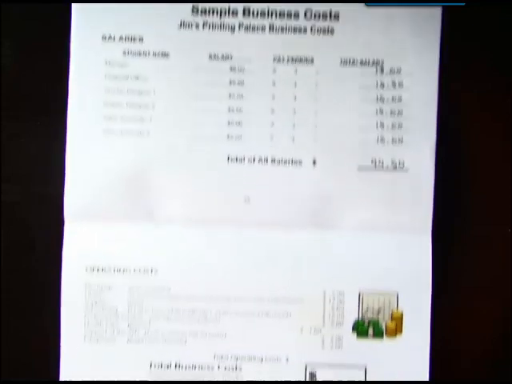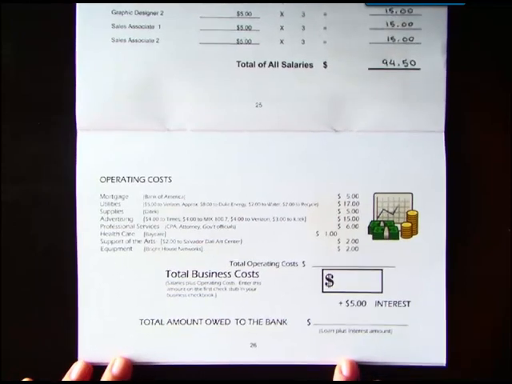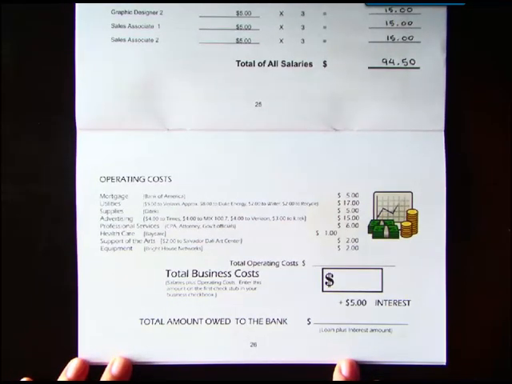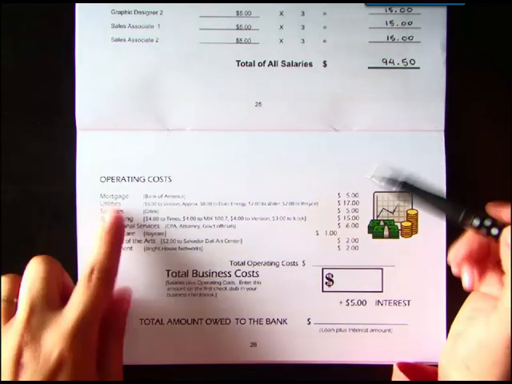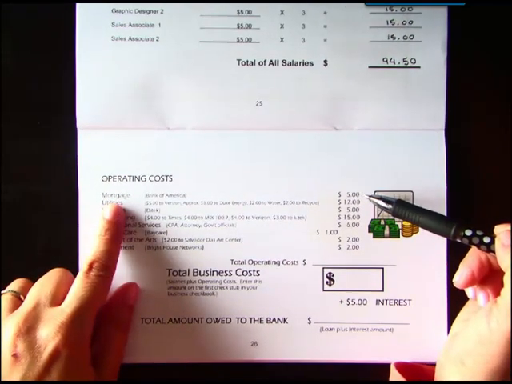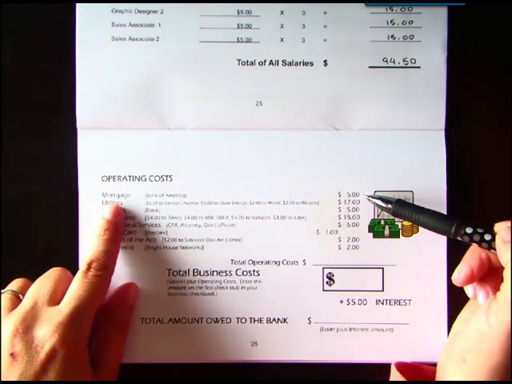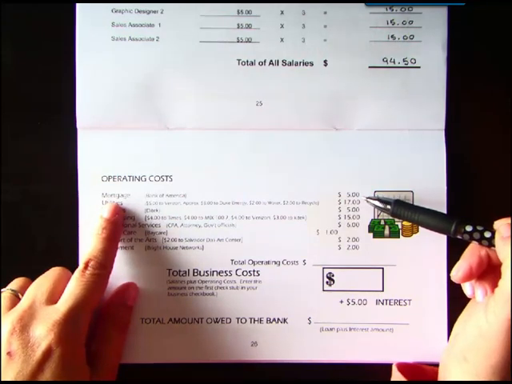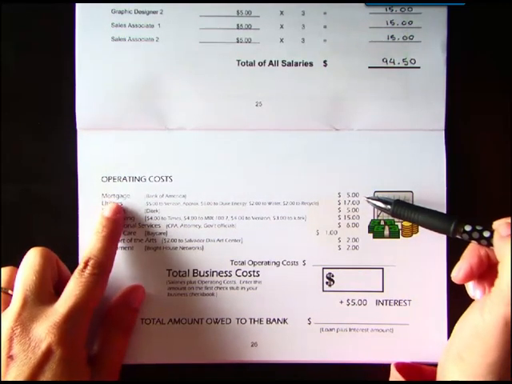So now let's take a look at page 26. Page 26 shows us our operating costs. Okay, this is what it's going to cost just to keep our business up and going. Our mortgage, money you owe to the bank that you borrowed to buy your building or rent your business space, is $5.